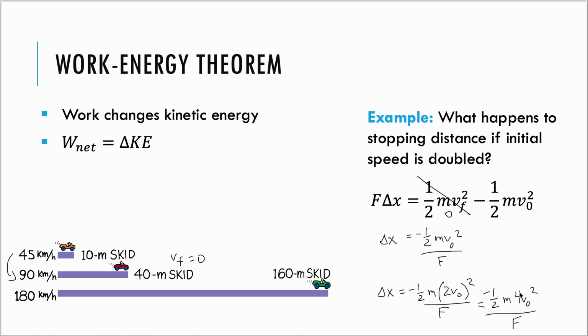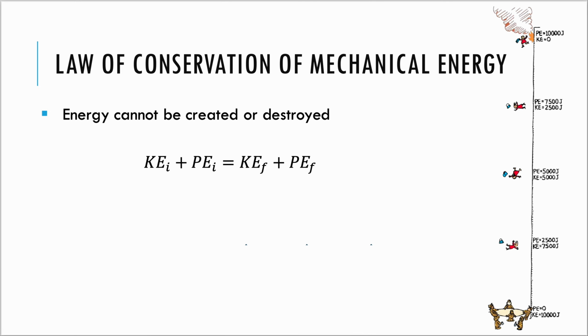And then we can bring that factor of 4 to the front, and we'll see that we have 4 times negative 1/2 m v squared over F. I like to leave the 4 separate from the factor of 1/2 so that we can compare the new stopping distance to the old one, and we can see that it's 4 times as much, just as we expected.